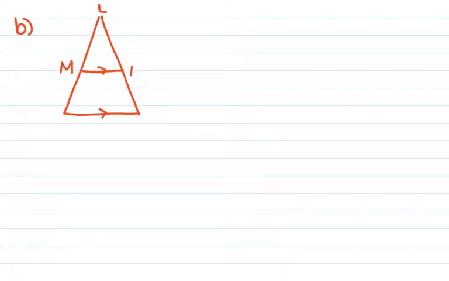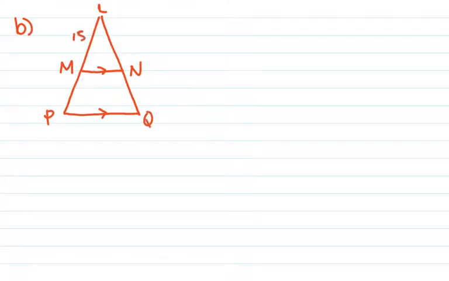Now letter B of this question. I have this set of triangles, one inside the other. These two lines are parallel. I have L, M, N, and I have PQ.